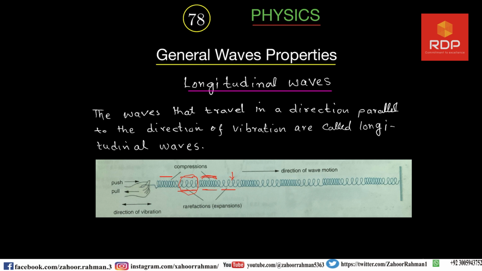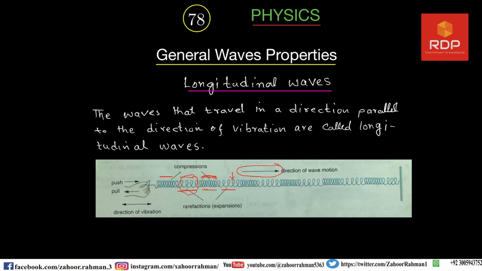In this way the wave inside the longitudinal waves is moving forward, in which this is the direction shown here. So one very important observation is that we are only witnessing the compressions and rarefactions, which are moving in the forward direction.